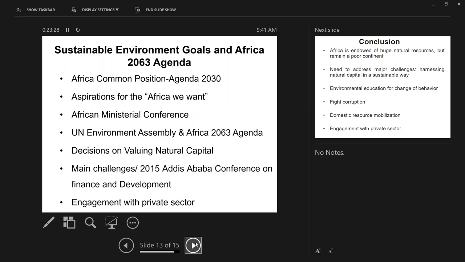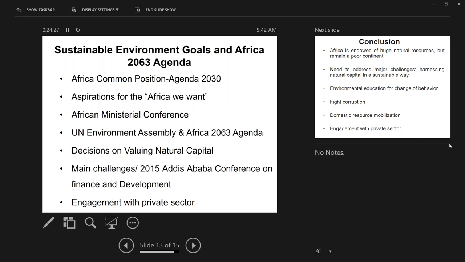In the aspirations of the 2063 Africa Agenda, there are some aspirations that clearly show the will of the African continent to address the unsustainable environment, recognizing that Africa depends a lot on natural resources, and that some practices and behavior are really affecting our environment, and in turn increasing poverty and diseases, and that has to be taken into account as a priority.